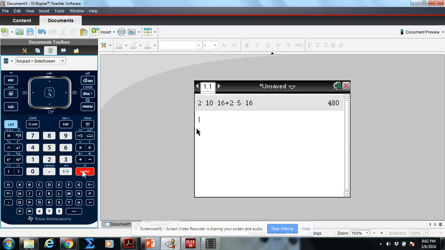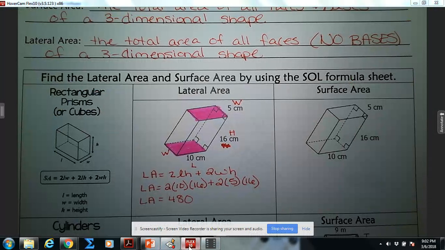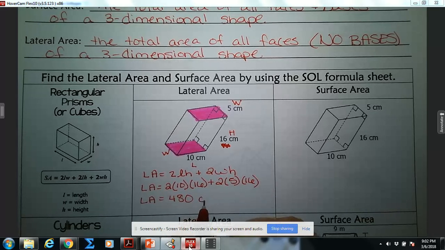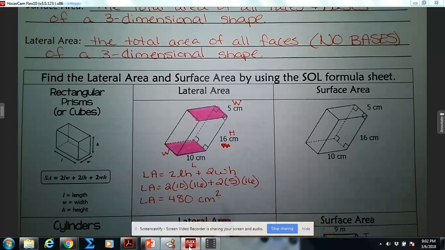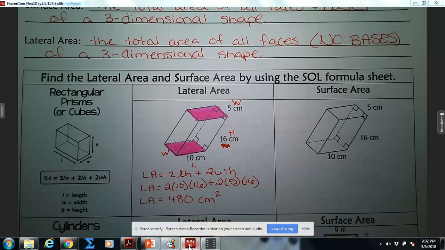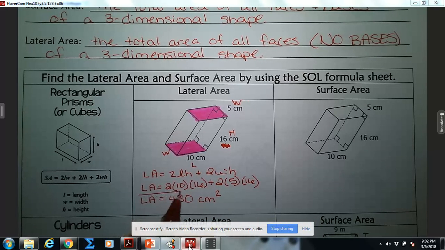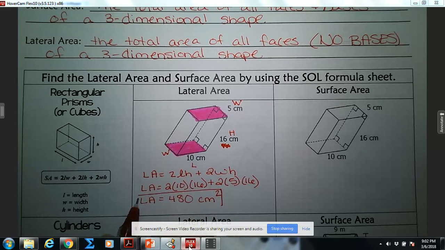So I got 480 as my lateral area. Now remember, all area is measured in a square unit. So this would be 480 centimeters squared.